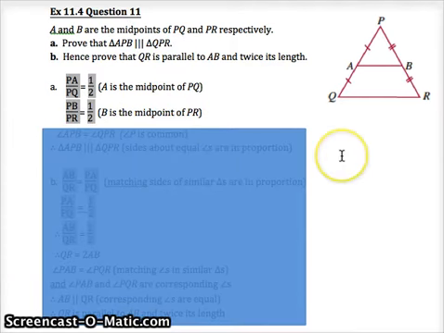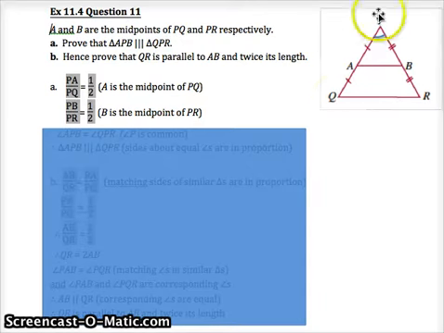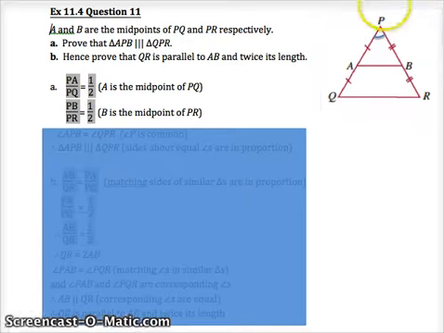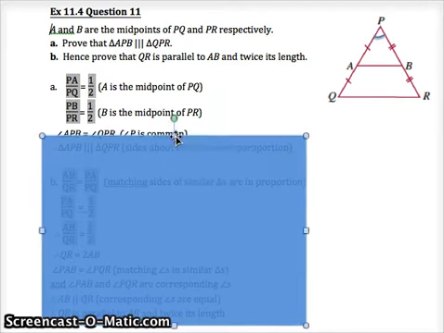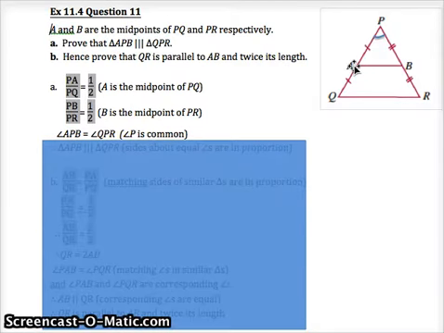Now, the other thing that we know is that we have this angle P here. It's a common angle. So we can say that angle APB is equal to angle QPR, reason being that angle P is common. Now, we have two triangles: triangle APB and triangle QPR.